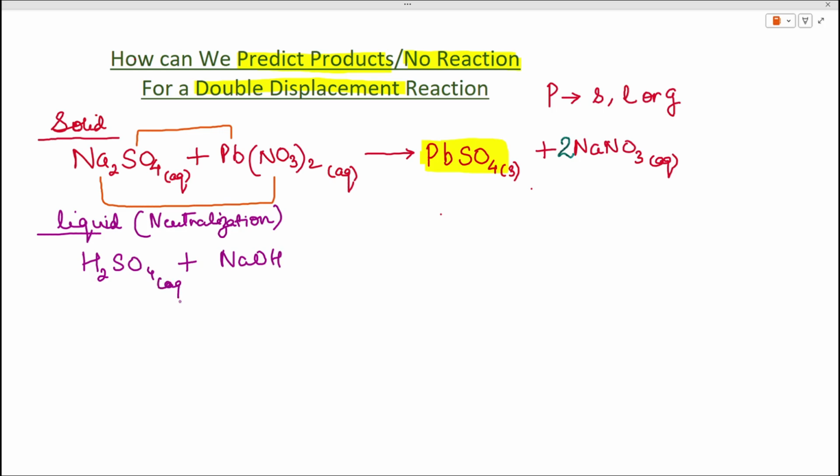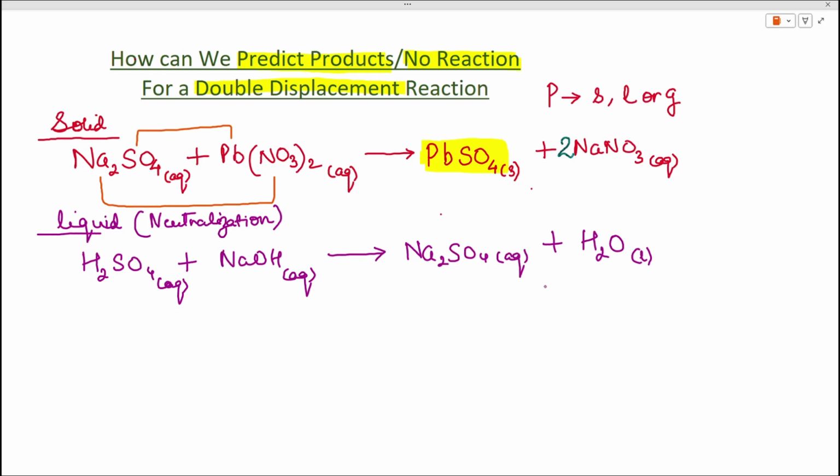Here H2SO4 is aqueous and NaOH is aqueous, and once they react together, again Na goes with sulfate, so we'll form sodium sulfate, which is aqueous because this salt is soluble in water, and the other product will be H going with OH, which is H2O, and this is a liquid. Because one of the products formed is a liquid, this is the double displacement reaction where one of the products formed is a liquid.